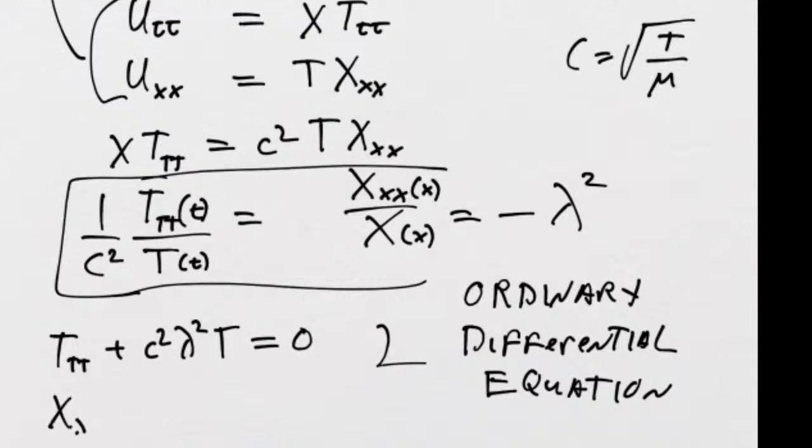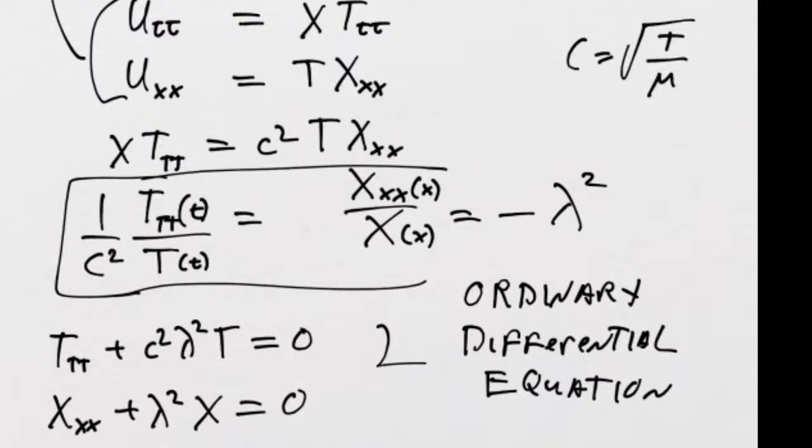And then X double prime plus lambda squared X equals 0. Now, let's see if I have that correct. Okay, well, let's hope for the best here. And the resulting differential equations are these two right here.